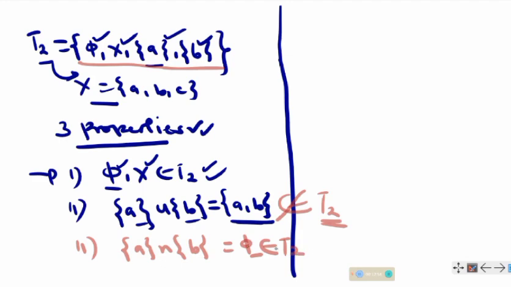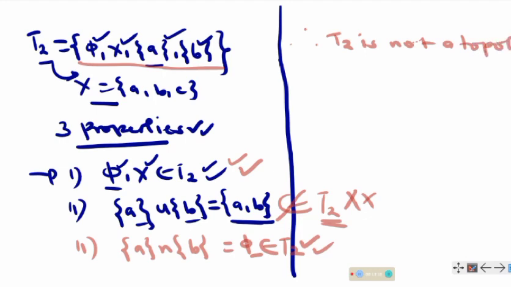So this one is satisfied, this one is satisfied, but this one is not satisfied. Therefore, we shall be able to say that T2 is not a topology on X.